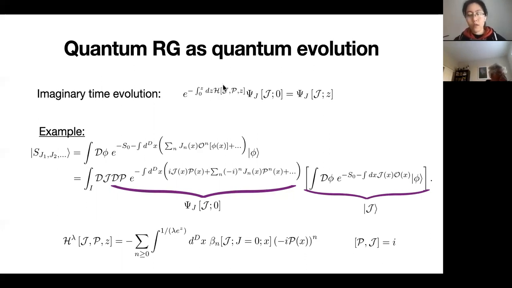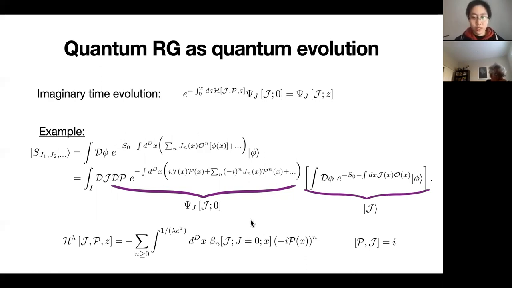I also call it Hamiltonian. It's only a name. Due to the nature of this operator, it's actually an imaginary time evolution to characterize the RG process.